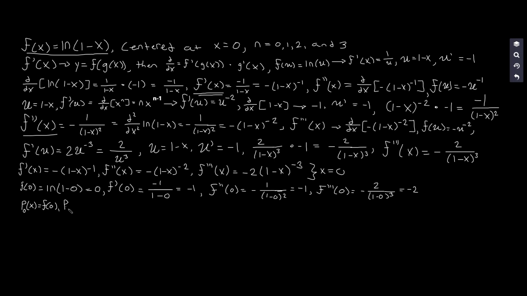So that means that p sub 0 of x equals 0. And this is the 0 right here. This is the 0th Taylor polynomial.